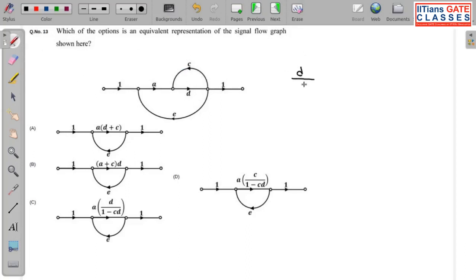It is D. Forward path gain divided by 1 minus loop gain. So what is the loop gain of this? It is DC. If I write that and make the signal flow graph once again, it will look something like this.